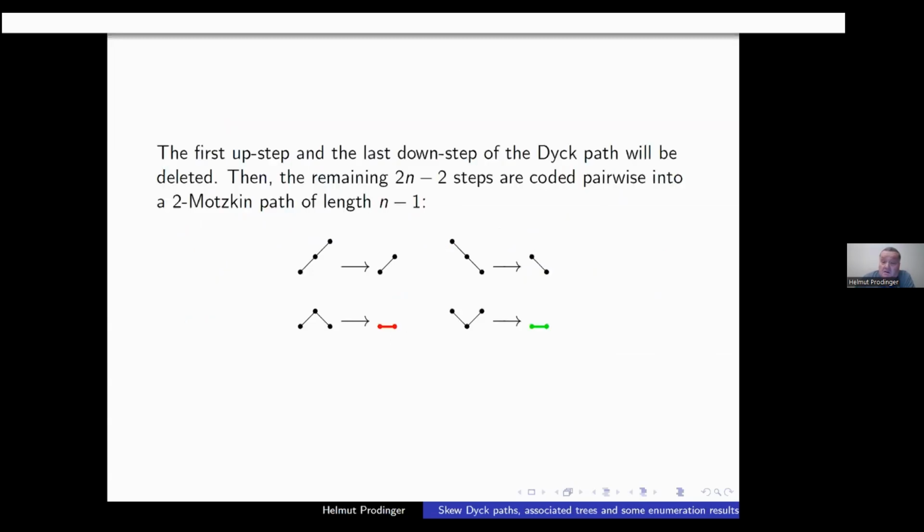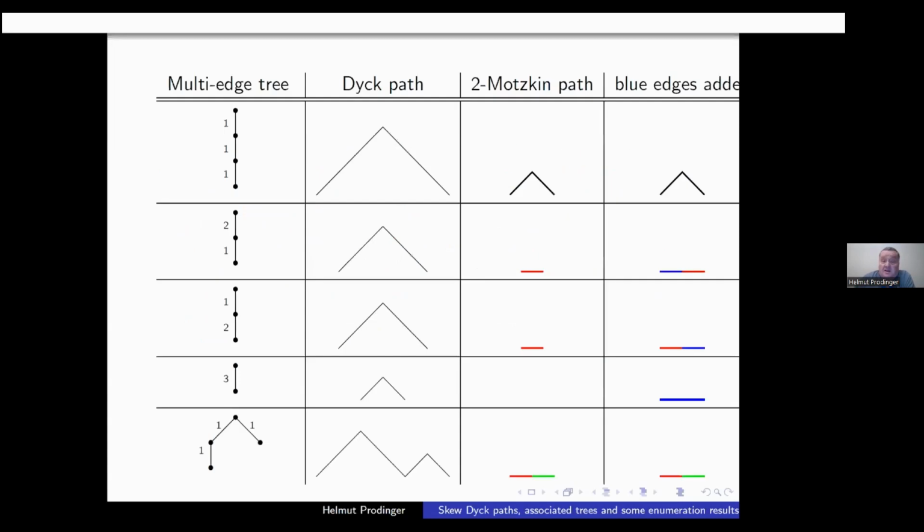Okay, so far this is nothing new, but now if we talk about the multi-edge trees, we have numbers as I promised. So here, for instance, that means actually 3 edges. And for that, we use a third color, namely blue.